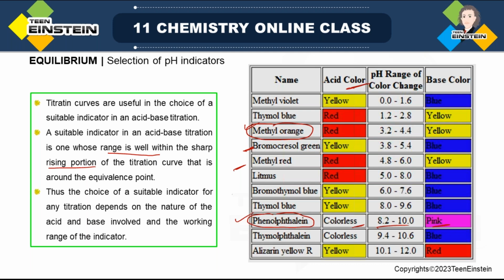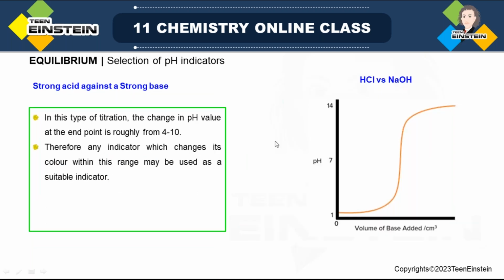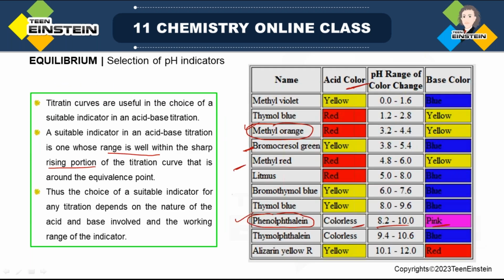So the choice of a suitable indicator for any titration, it depends on the nature of acid and base involved. So in the previous case, we have taken strong acid, strong base, and the corresponding pH range is 3 to 4, around 10 to 11. That means in this range, you can use methyl orange or you can use phenolphthalein. Any of these two you can use because methyl orange is 3.2 to 4.4.